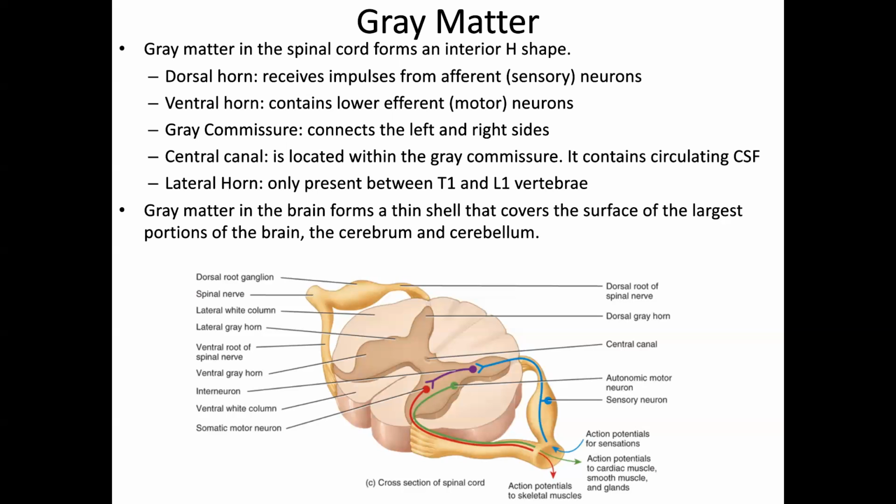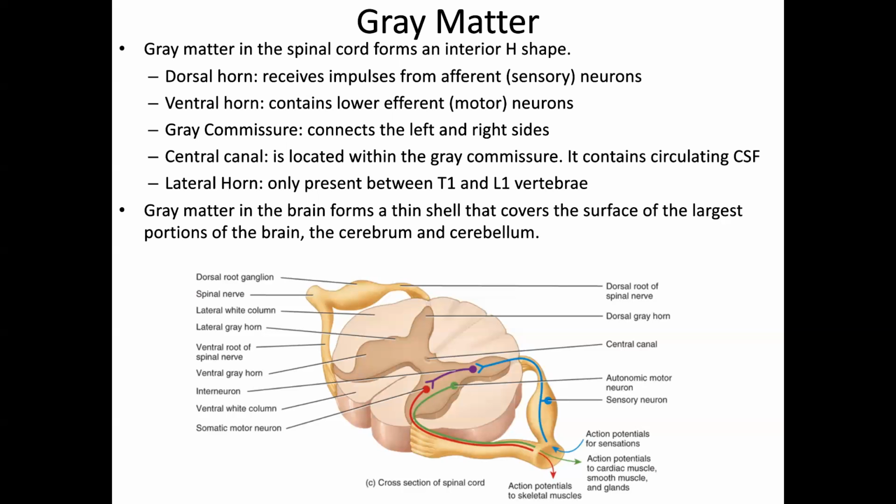Now obviously you can see here in our picture, there's also white matter, and in the spinal cord, the white matter surrounds that inner gray matter. And this illustration, as I said, is pretty simplified because it is showing a signal coming into the spinal cord going back out without any interaction between the gray and the white matter. That's not the case at all.